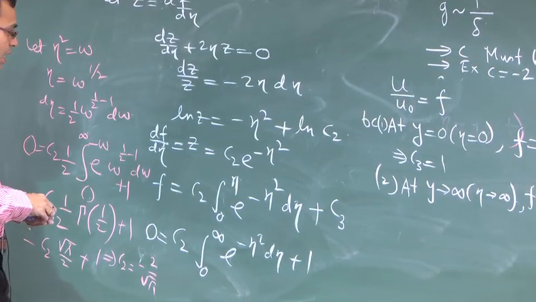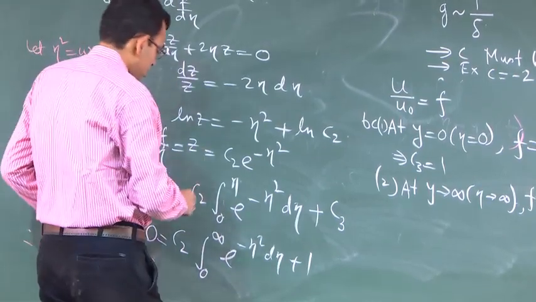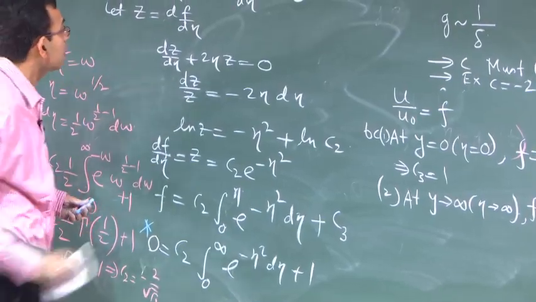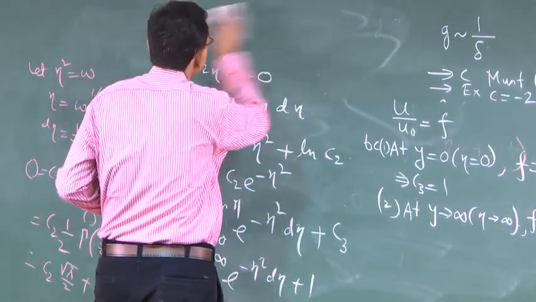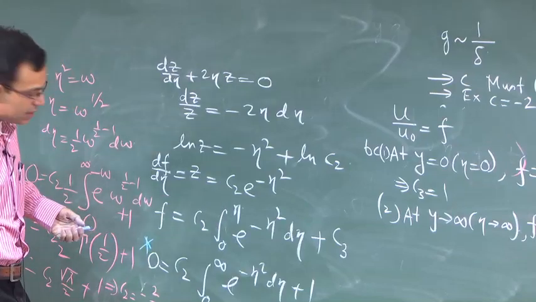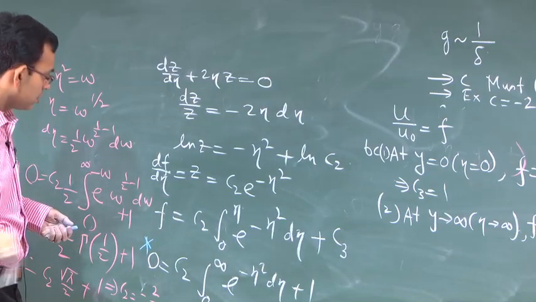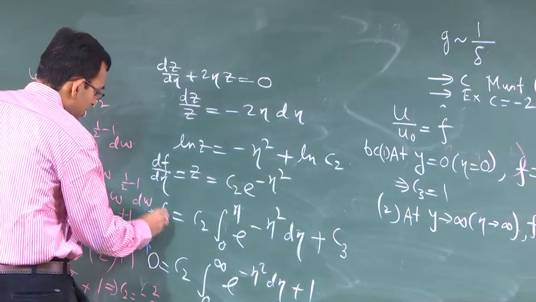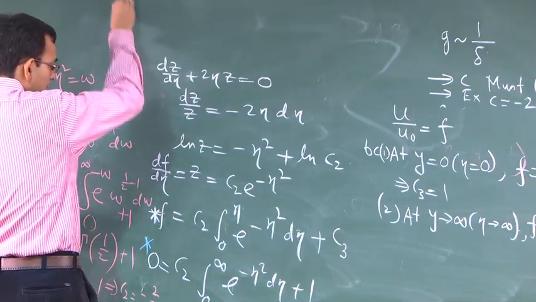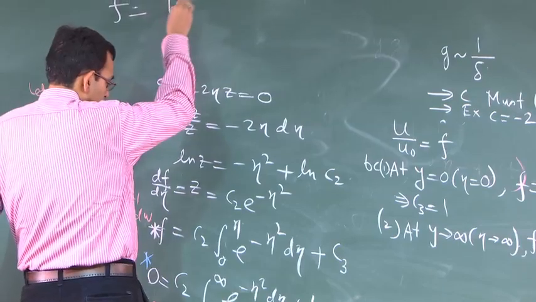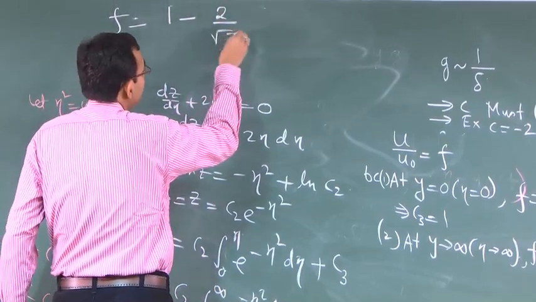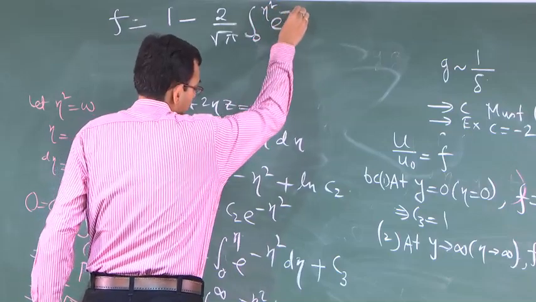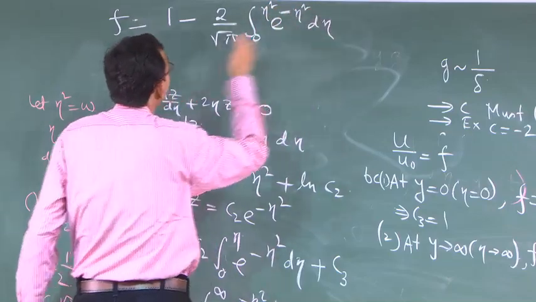So, if that be the case, then this equation will result in f is equal to 1 minus 2 by root pi integral 0 to eta e to the power minus eta square d eta.